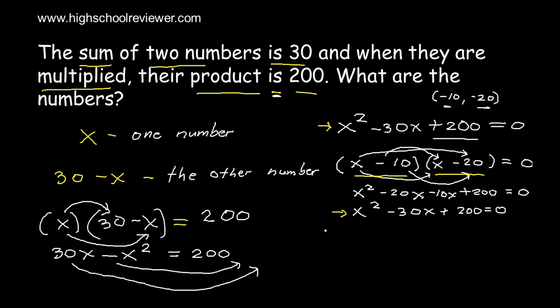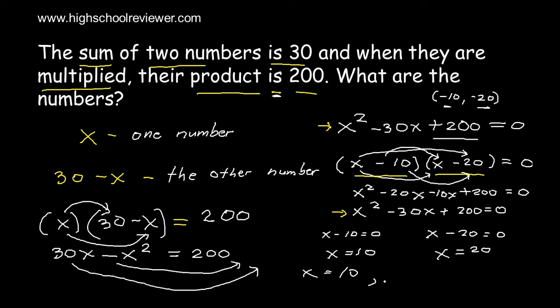Let's continue. So we have here x minus 10 equals to 0. X here will be equal to 10. And we have also here x minus 20 equals to 0. X is equal to 20. So let's try. X will be equal to 10.